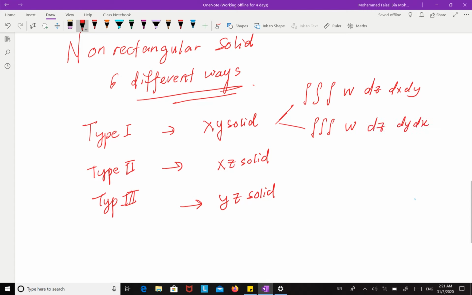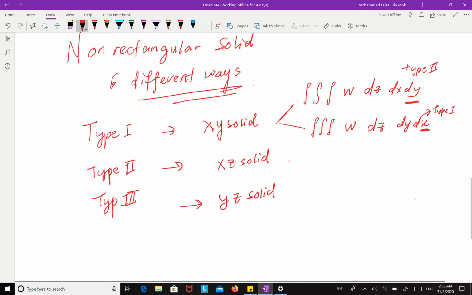Remember, this is constant at x, constant at y. Constant at y means type 2, remember in double integral. And this is constant at x means type 1.